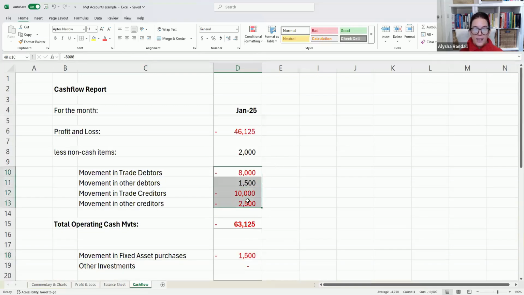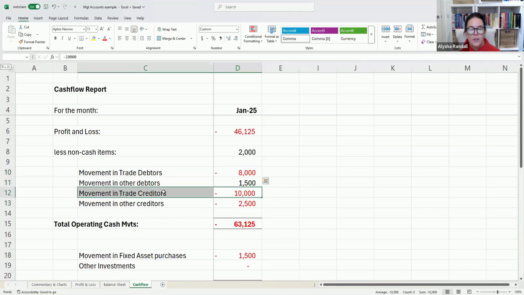Now, all of these things look complicated, but basically this means the timing of when invoices are paid versus how many invoices you raised, and on the flip side, how many bills were raised and how much you paid. So let's have a look at the first one. We'll just do these two, because the other ones can be a heap of different things.